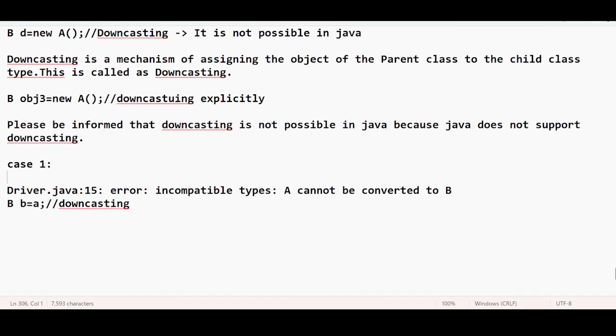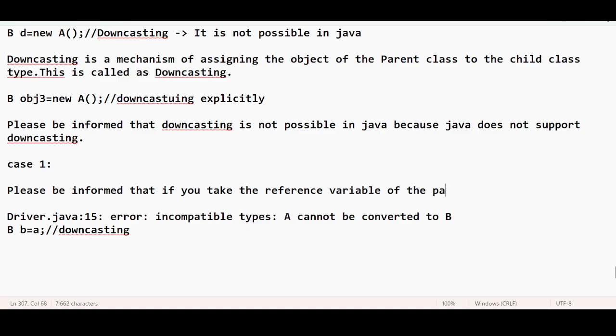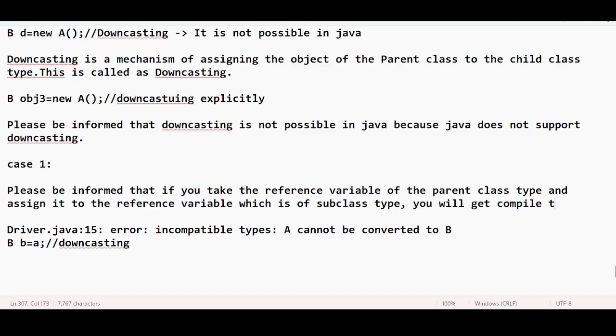Case one: please be informed that if you take the reference variable of the parent class type and assign it to a reference variable of subclass type, you will get a compile time error.